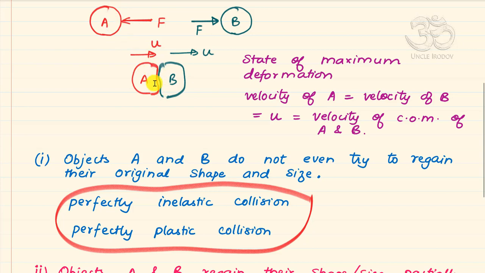So this side, which has got deformed, wants to push to the right so that it can become exactly like what it was before. And when that happens, B will still keep on experiencing forces to the right. So beyond this moment also B experiences a force to the right, and A, by Newton's third law, will experience a force to the left. And you can also say that that force is because B may try to regain its shape and size, but it is enough if one of them tries to regain its shape and size.